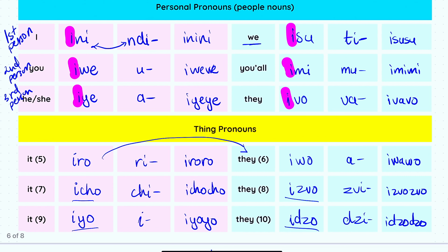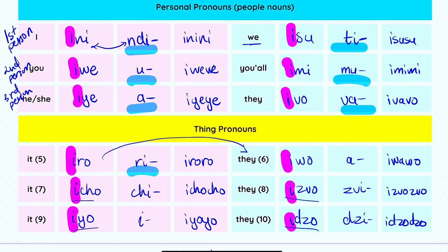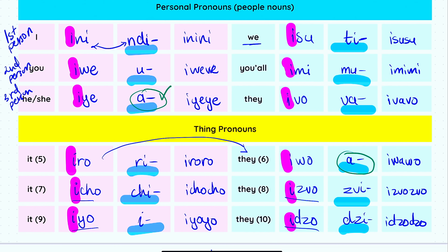To summarize, absolute pronouns all start with the letter I. Absolute pronouns all have a matching concord. Each concord belongs to its own pronoun, with the occasional ones that are the same, like a. Context will tell you. If it's a singular a, then you know it's likely this one belonging to he or she.